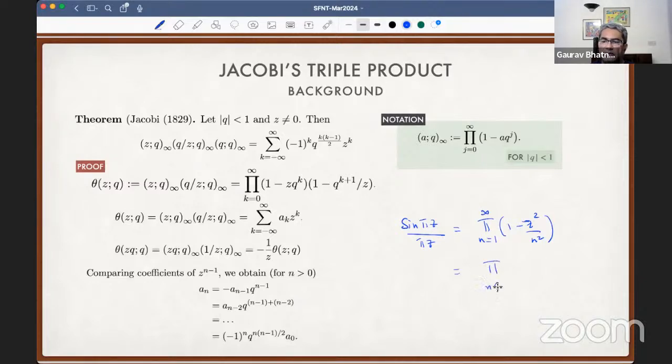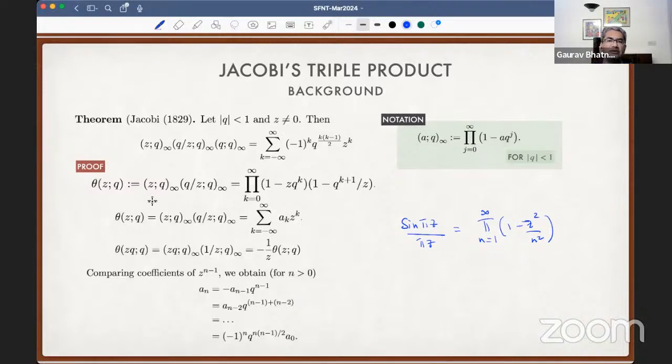You can think of n going to z, but it doesn't converge. So sine pi z is 0 when z is equal to 0, 1, 2, 3, 4, and -1, -2. So it's the simplest function with zeros at an arithmetic progression.